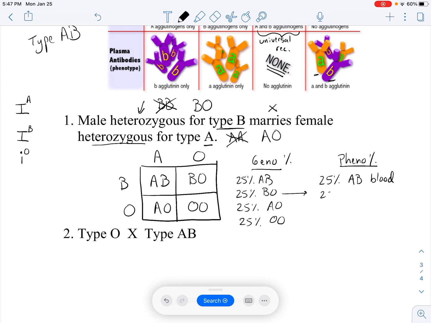For this one, it would be 25% B blood. You would not write the O because it's what the trait is, not what the genes are. So BO is actually just going to be type B blood. 25% A blood and 25% O blood.